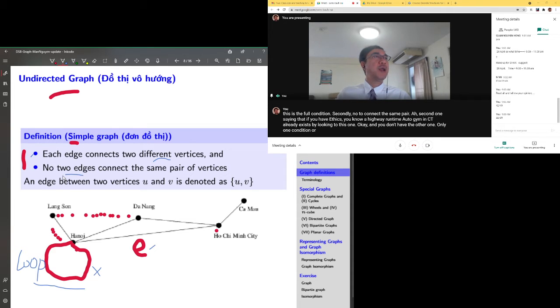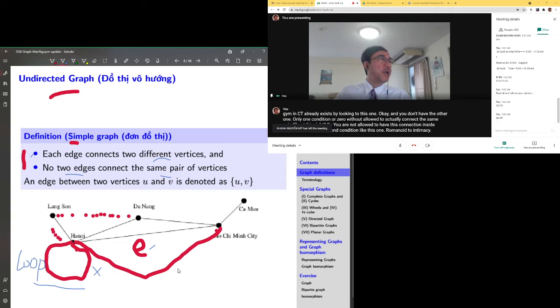We don't allow two edges to connect the same pair of vertices, so you are not allowed to have a second connection like this one from Hanoi to Ho Chi Minh City inside a simple graph. Briefly speaking, between two nodes either no connection, and if yes, then only one.